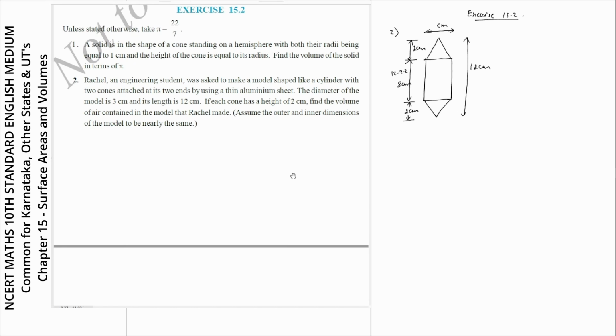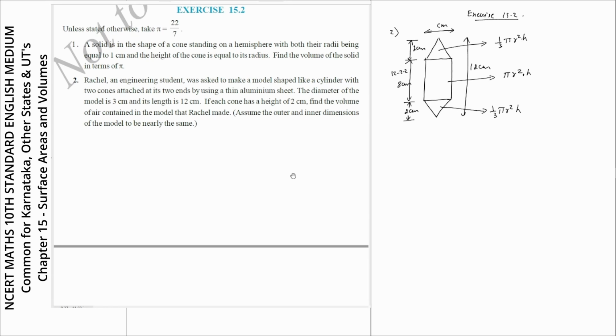So now what is the volume of this topmost cone? It is 1/3 of pi r square into h, and volume of this bottom cone also will be equal to 1/3 of pi r square into h, and the volume of this cylinder is given by pi r square into h.